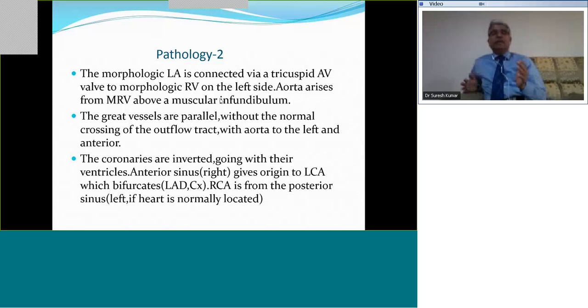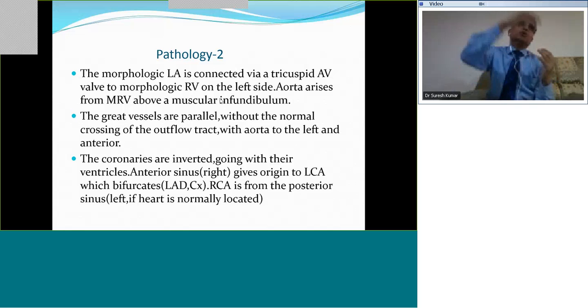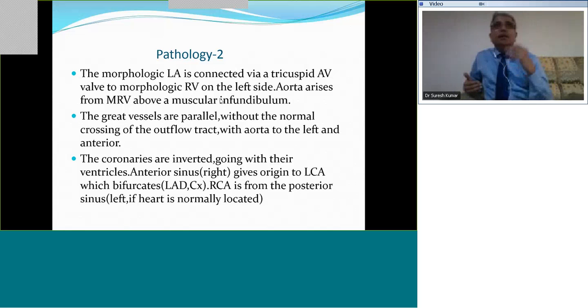The great vessels are parallel. You know, normally the two vessels cross in the fetus. That's an important point that you recognize. The normal right ventricular outflow tract is sort of around the aorta, so the great vessels are crossing.